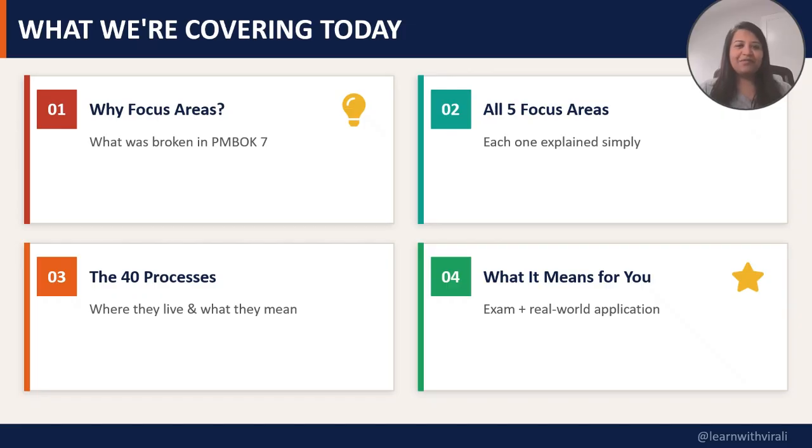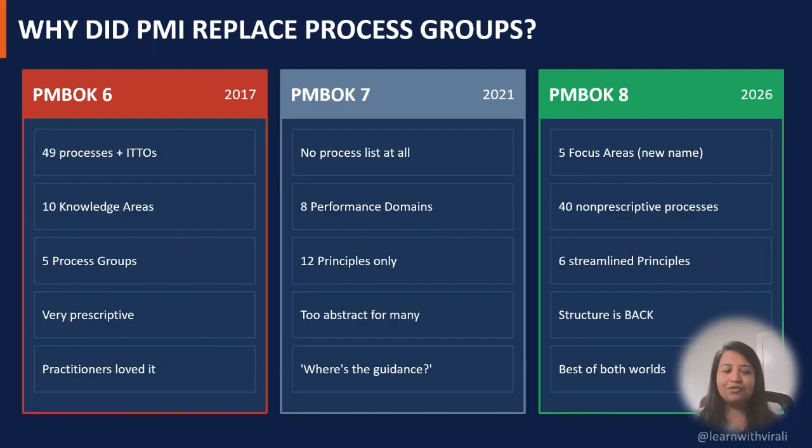Let's start with our first question, why? What was broken in the first place? To understand the focus areas, you need to understand the journey. PMBOK 6 was released in 2017, which had 49 processes, 10 knowledge areas, and 5 process groups: initiating, planning, executing, monitoring and controlling, and then finally closing the project, which was definitely very structured and very prescriptive.